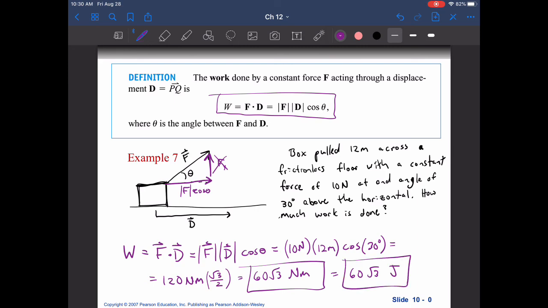But there you go. That is pretty much it for this section. Feel free to ask me or look into this some more, but I think it's a very good idea to start understanding dot products as multiplications of parallel components, so you can eliminate perpendicular components, all right?